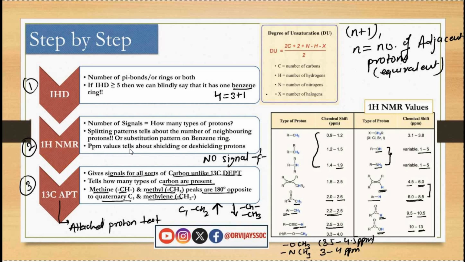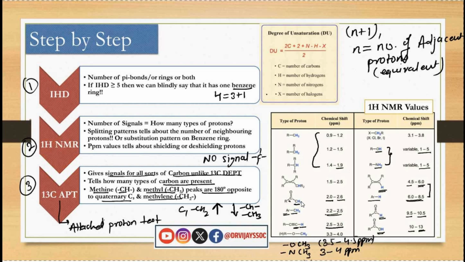1H NMR chemical shift values are also very important to understand shielding and de-shielding of the protons. As I told you, primary carbon hydrogens come in the shielded region from 1 ppm to 1.2 ppm. Secondary carbon hydrogens are slightly de-shielded as compared to primary, and tertiary hydrogens are slightly more de-shielded, from 1.4 ppm to 1.9 ppm.